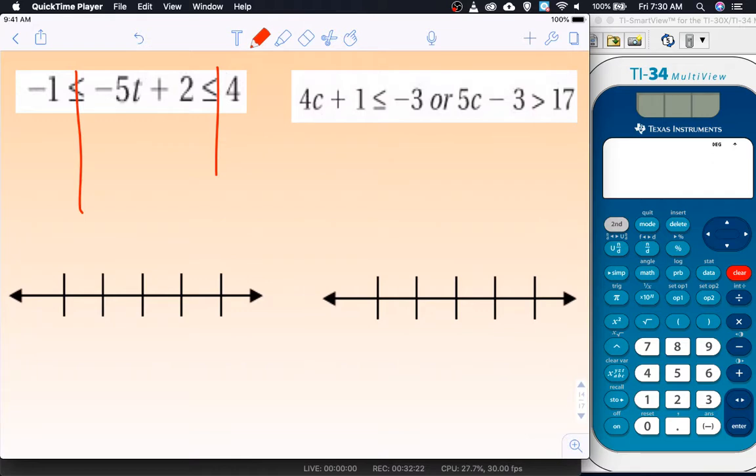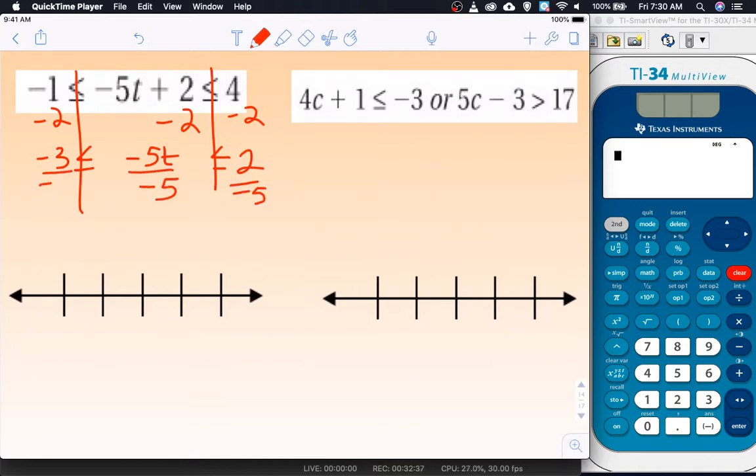All right. So -2, -2, -2, -3 is less than or equal to -5t, which is less than or equal to 2. When you divide by -5 on all sides, some bad things happen. First off, we're going to get fraction answers. We're going to get 3/5 and -2/5.